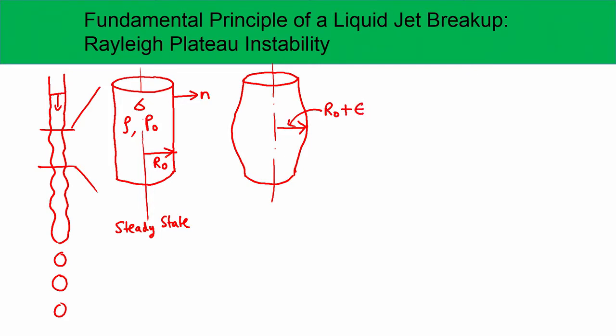This is R0, the base state, and this perturbed state has sinusoidal oscillations, where at a certain point the radius is given by R0 plus epsilon.